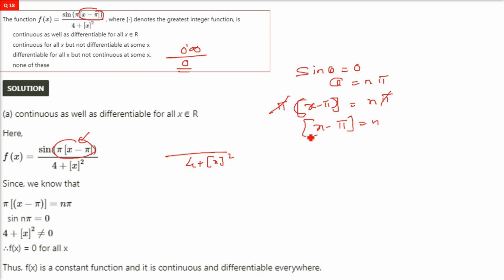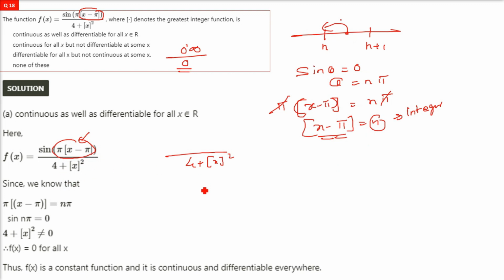So the value of x minus pi will always be some n, and I am saying that this n is an integer. n pi is an integer multiple of pi only. The only time it is going to get 0 is at these points. So there is no problem here.